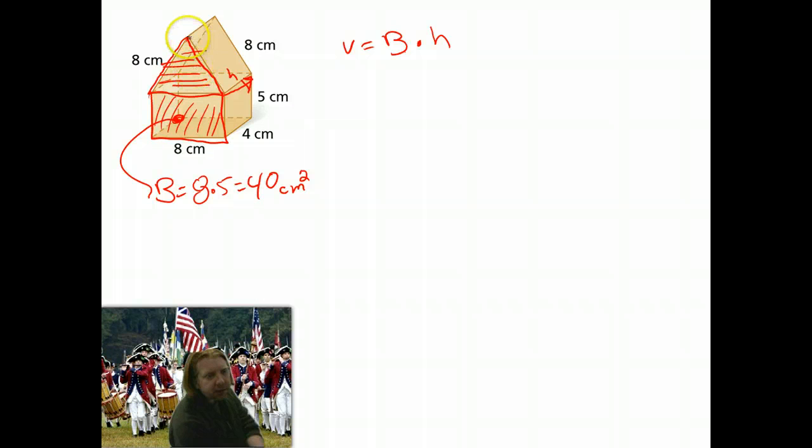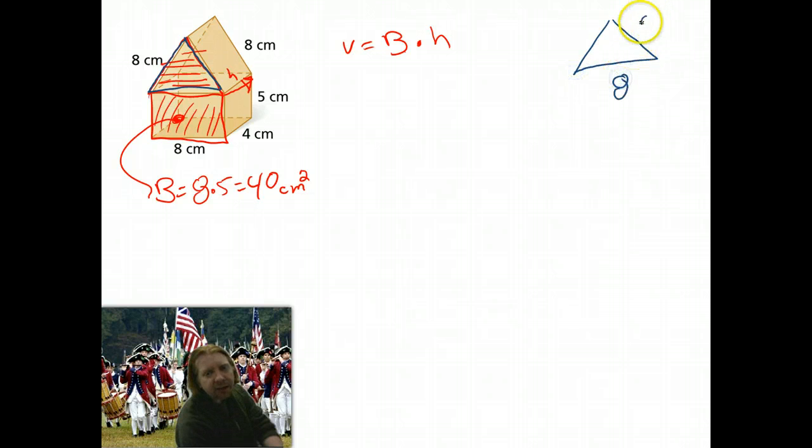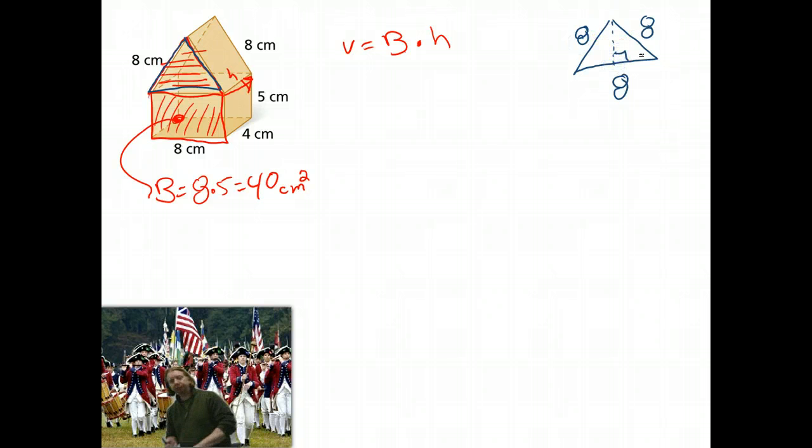This piece right here. That's going to take the work to get, because I don't actually have the height of it. All I know is that that triangle, I'll draw it over here, is 8 units on every side. It's equal angular, equilateral. But what's the height of it? I need that in order to use the area of a triangle formula.